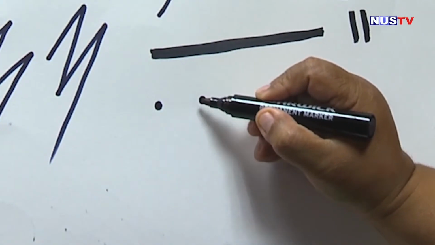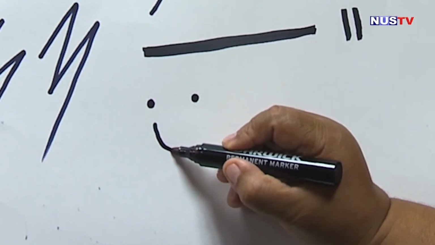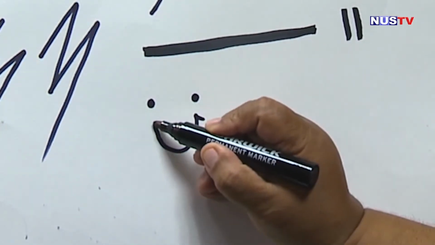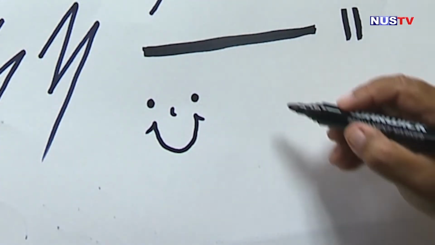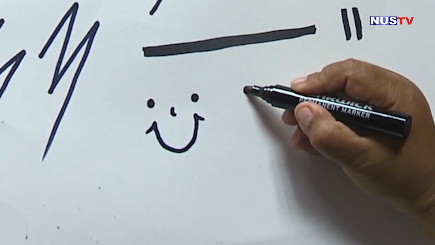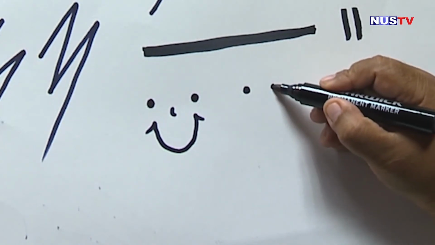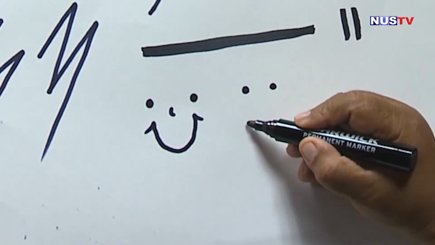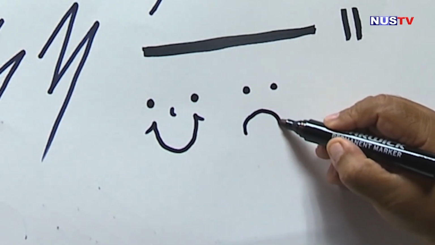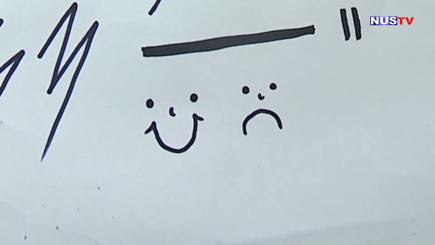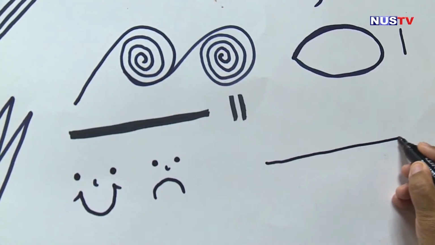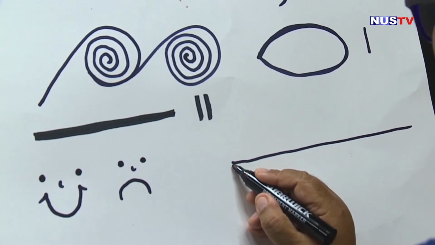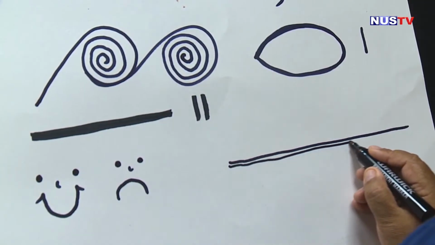Remember that lines do create emotions? Yes, if we add a curve, we can see a smiley face or even a sad face. Remember that line can also create calmness.